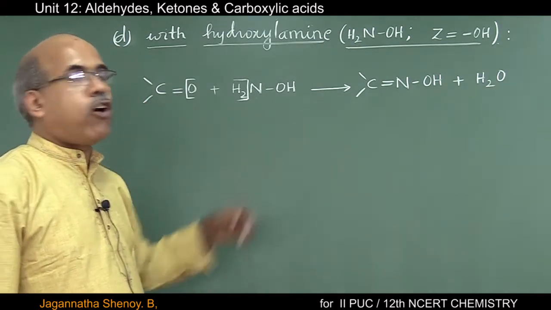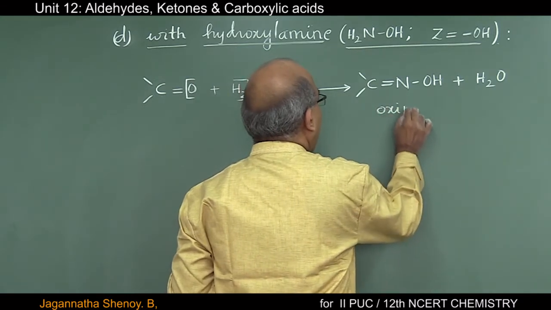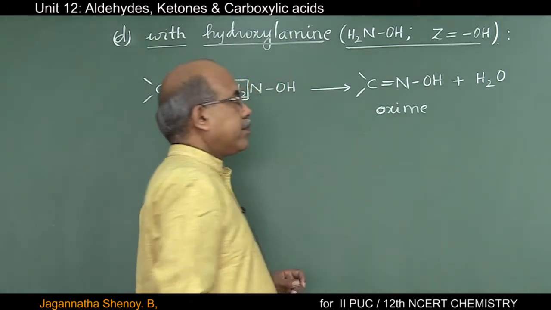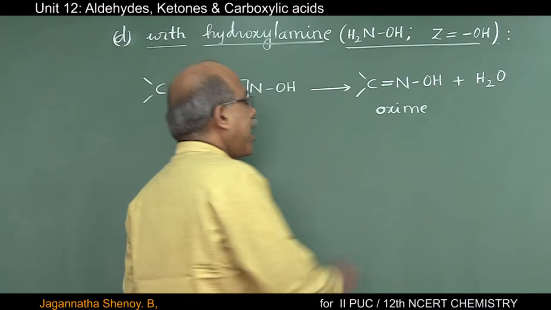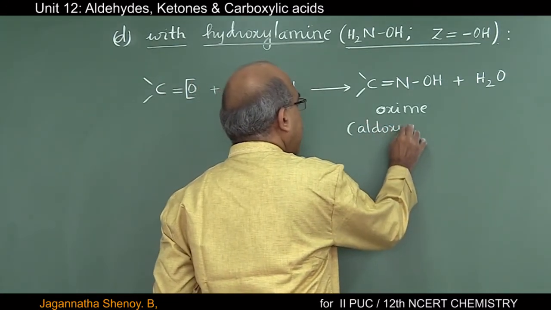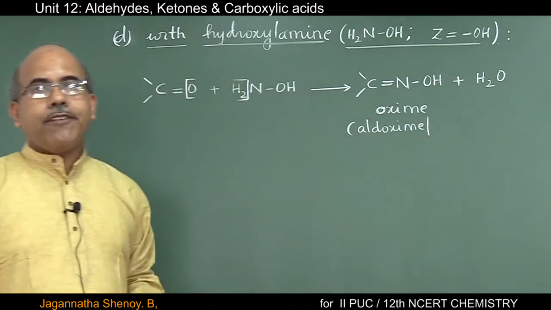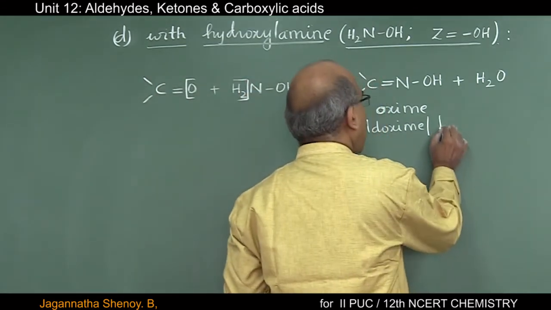What is the product formed here? So the product formed is called oxime. If suppose you start from aldehyde, I call it aldoxime. Aldehyde oxime, it is called aldoxime. If you start from ketone, the product obtained is called ketone oxime.